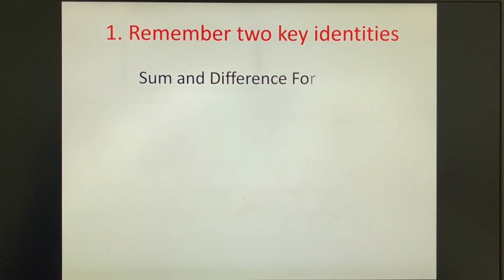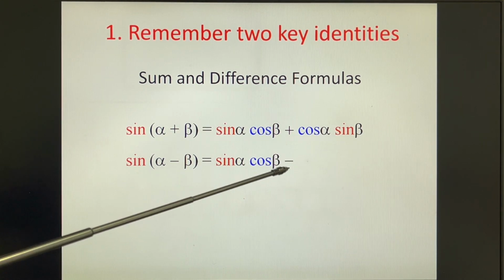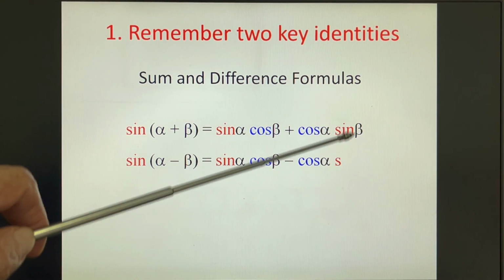They are: sine alpha plus beta equals sine alpha cosine beta plus cosine alpha sine beta. Sine alpha minus beta equals sine alpha cosine beta minus cosine alpha sine beta.